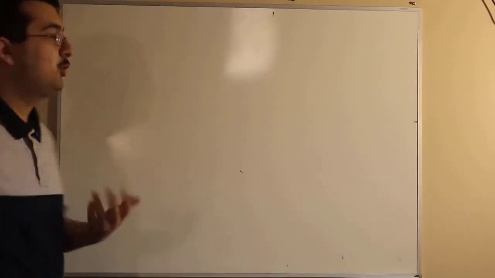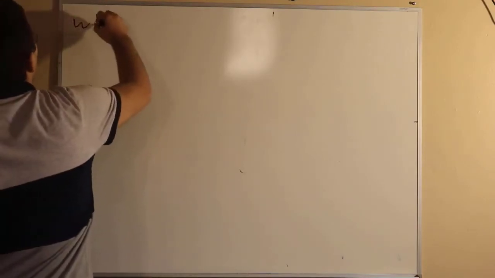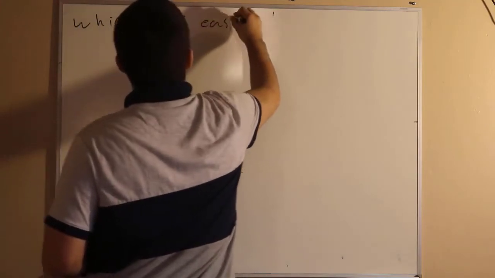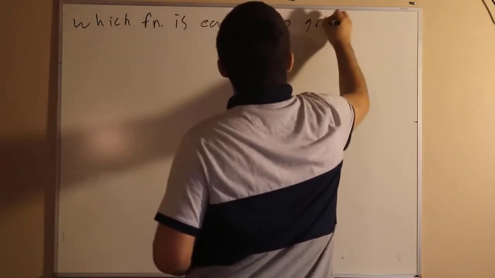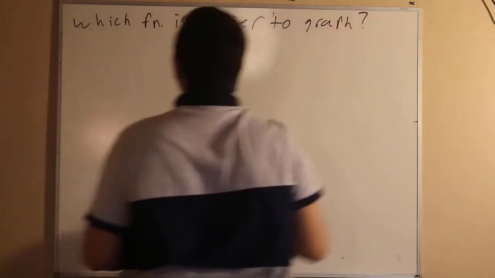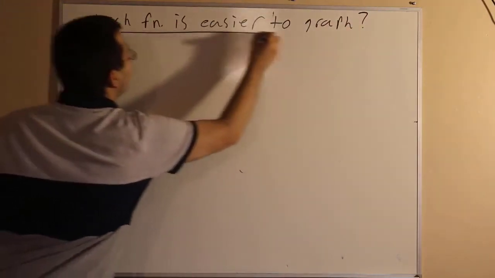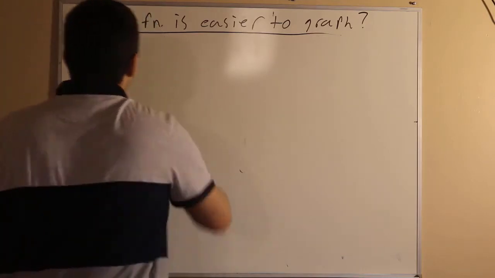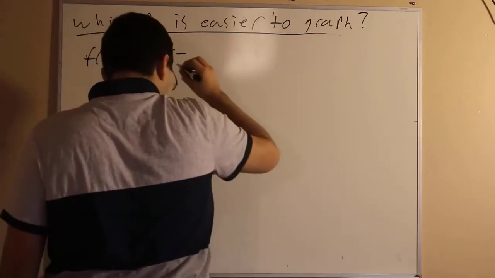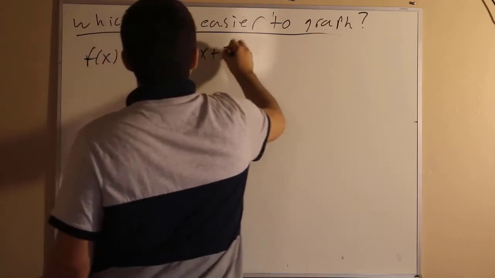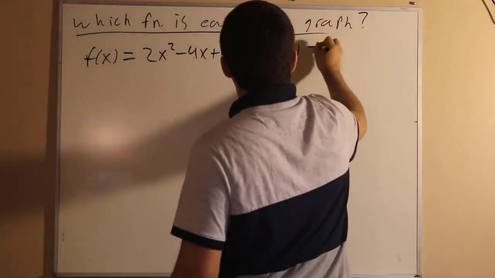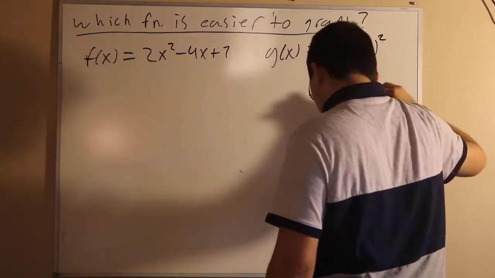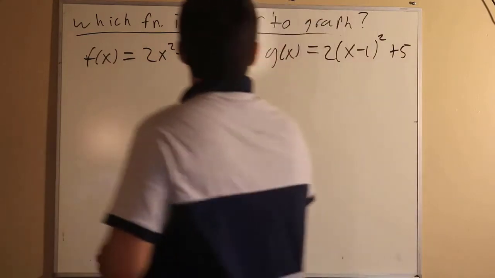Okay, so now I want to propose a question. Which function is easier to graph? The two functions we're going to consider are f of x equals 2x squared minus 4x plus 7, and g of x equals 2 times (x minus 1) squared plus 5.